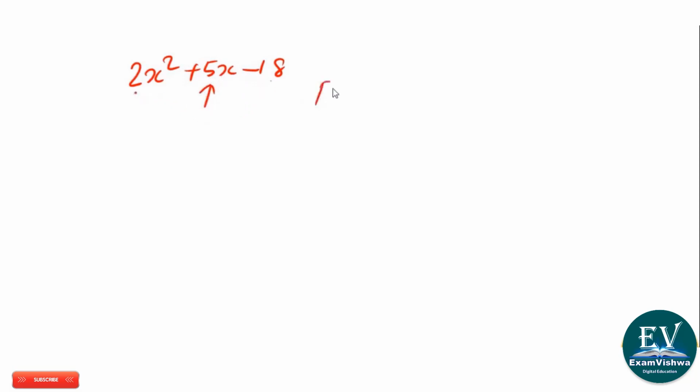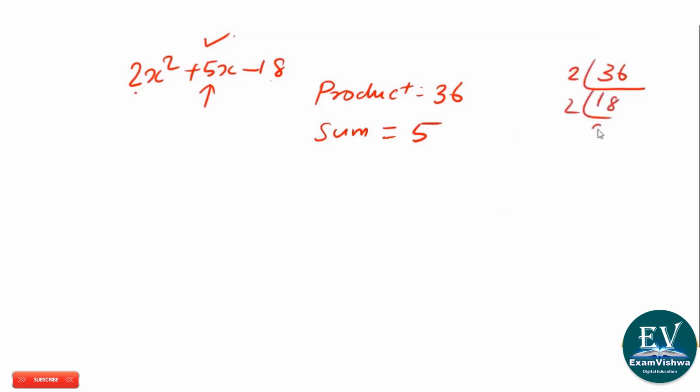So the product must be equal to 36 and the sum must be equal to 5 in this case. For our convenience, we will factorize 36: 9 2s are 18, 3 3s are 9, 3. We have these prime factors for 36.